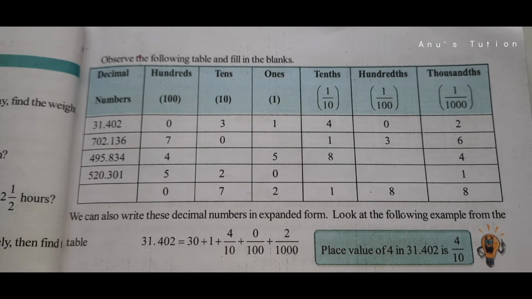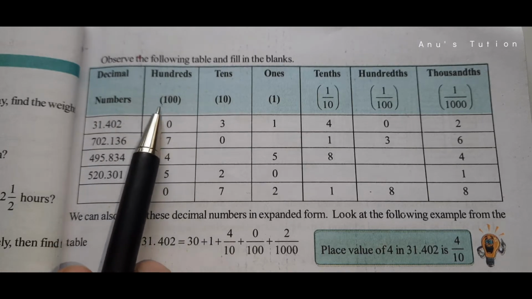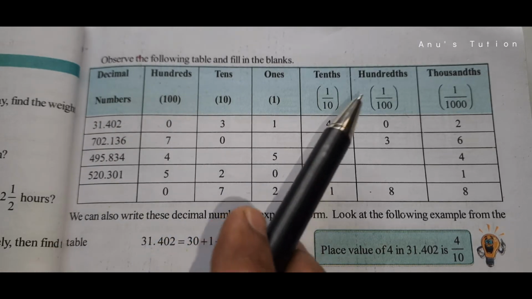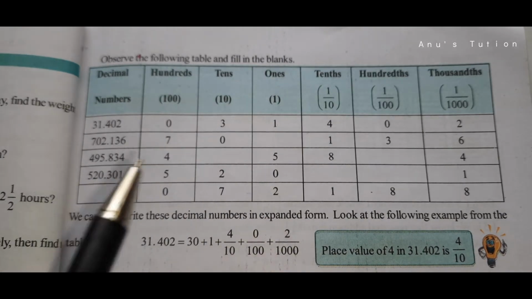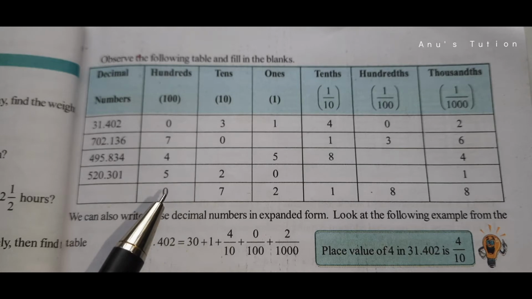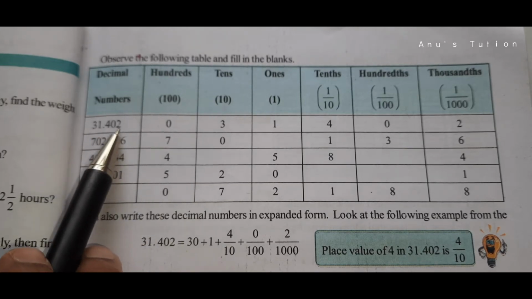Observe the following table: hundreds, tens, ones, 1 by 10, 1 by 100, 1 by 1000. This is a place value chart for decimal numbers. Here 31.402 is given. For this, what is the place value chart?